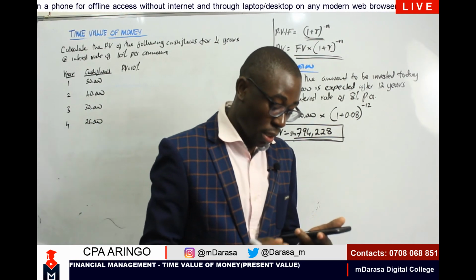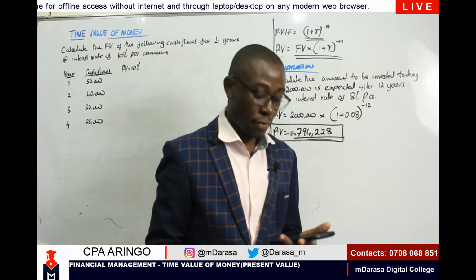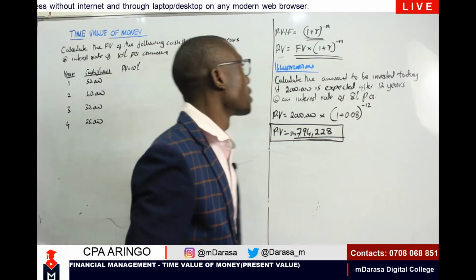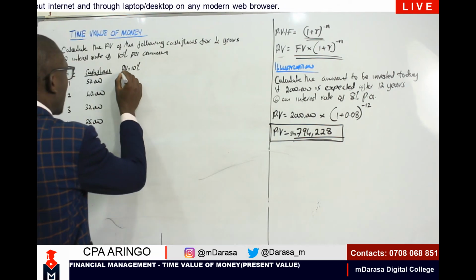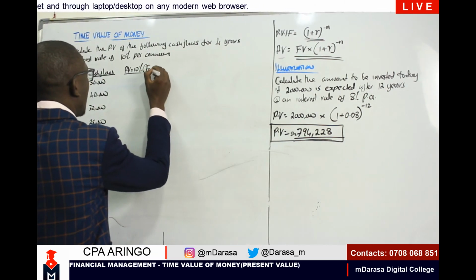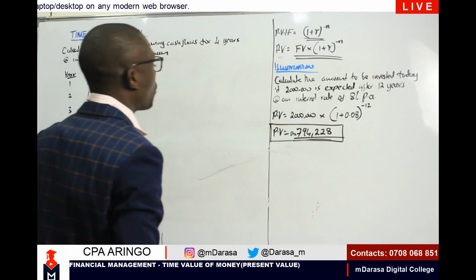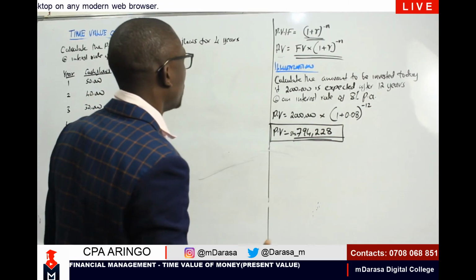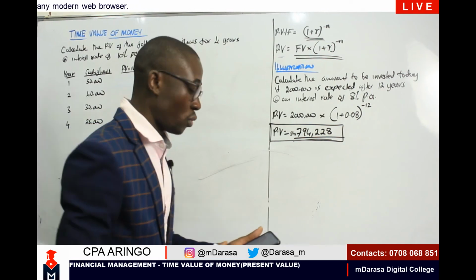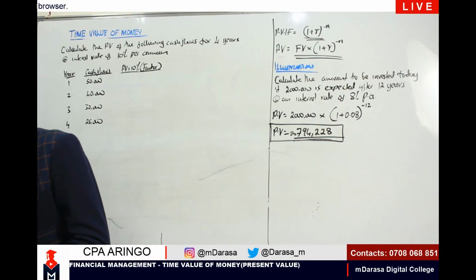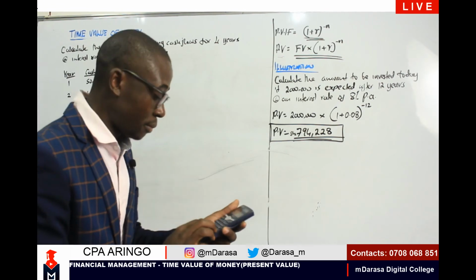We need to determine this amount. What will we be having? This will be simple, because to determine our factor at this point, we are going to do it for each year. So at this point, we are going to take our calculator.